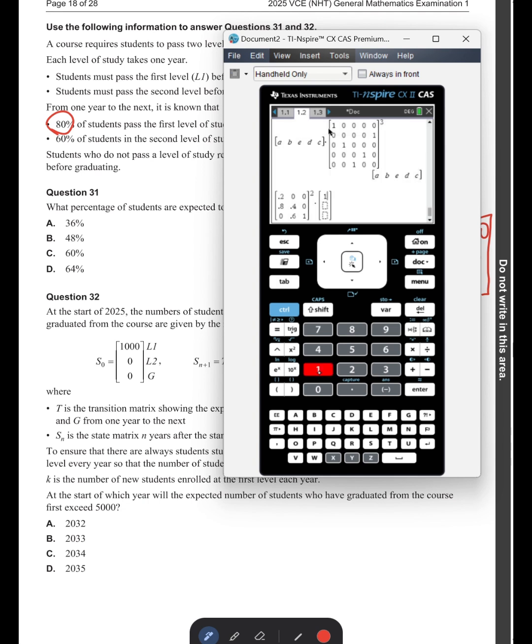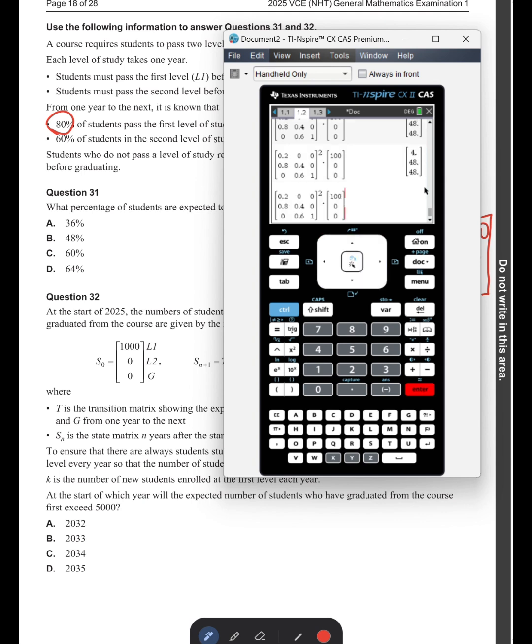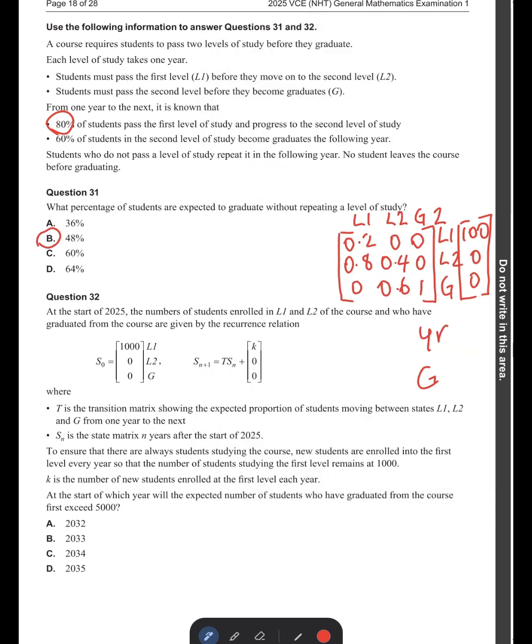I'm going to start with 100 because we can just use that as a percentage, and then 0, 0. So it looks like we've got 48 people that graduate for the first time. And I'm just going to show you that if we actually did this as just a power of 1, we should get 0 people in the graduating position. Yeah, so 48 there is the answer. Okay.